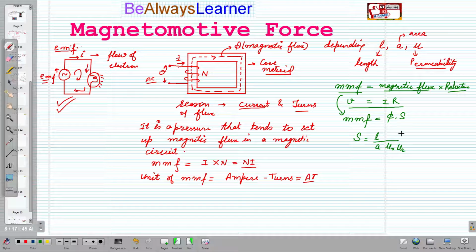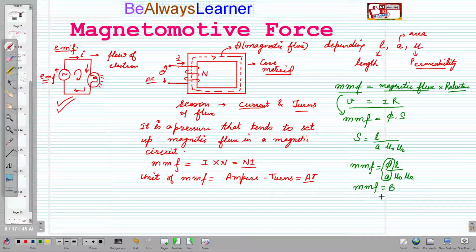So that is the formula to calculate S. So if it is so, then we can write that MMF is equal to phi L divided by A mu naught mu r.